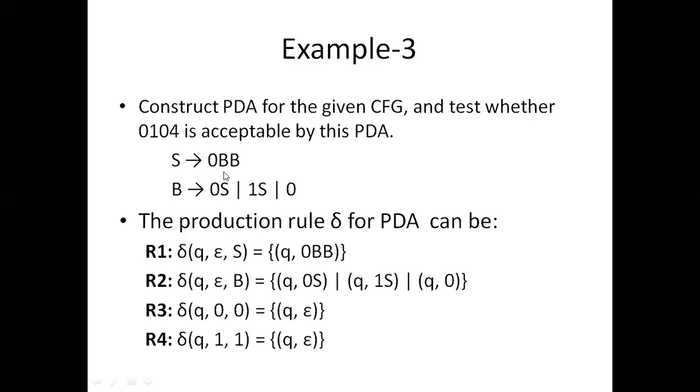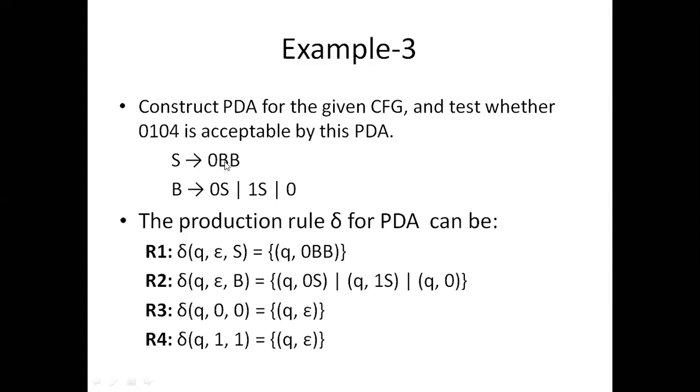If you look at this rule, here we have a non-terminal B produces a single terminal followed by a single non-terminal. So even this is valid. Here a terminal is followed by two non-terminals. Even this is valid.